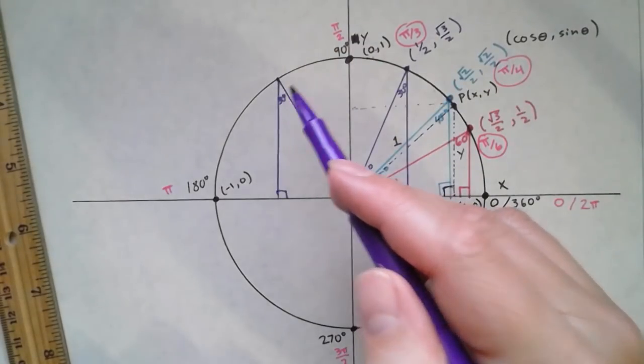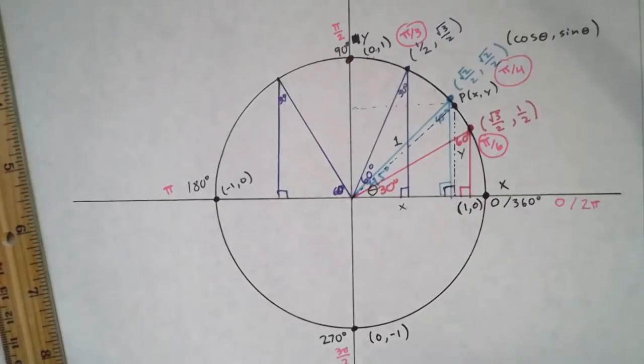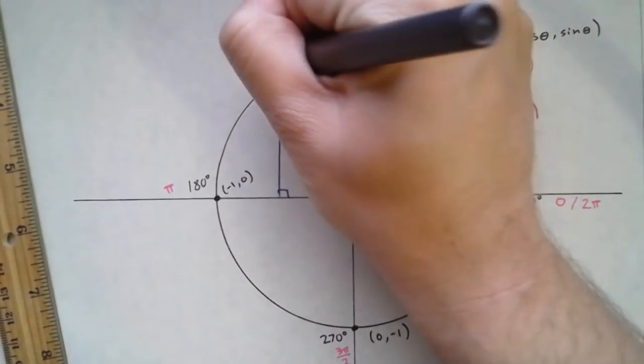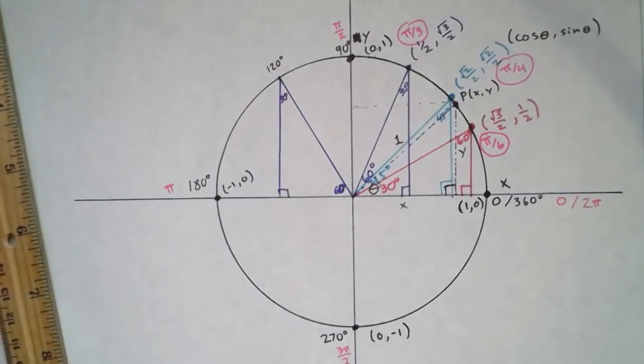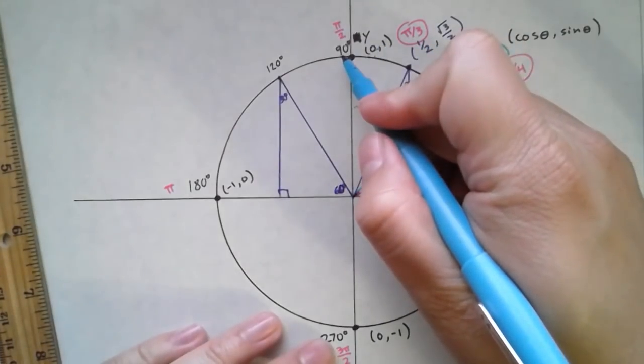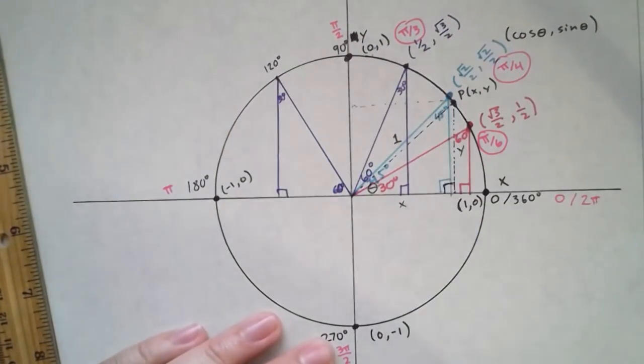So then this here would be 120 degrees. Maybe I should have written it inside, because it's going to start to get very crowded. And then if I add 45 degrees to 90 degrees, I get 135 degrees.